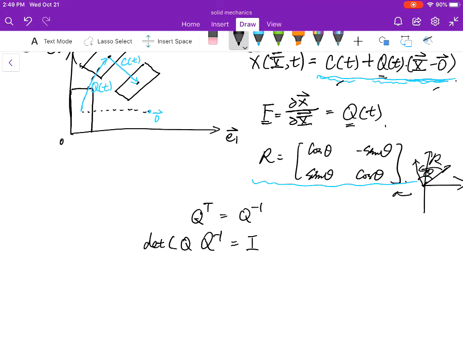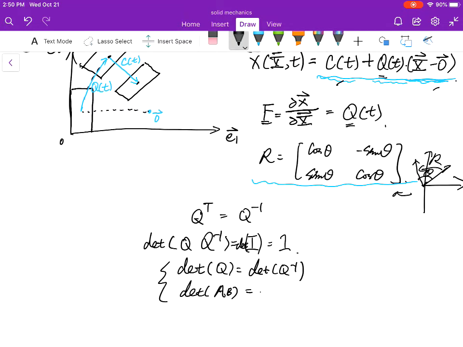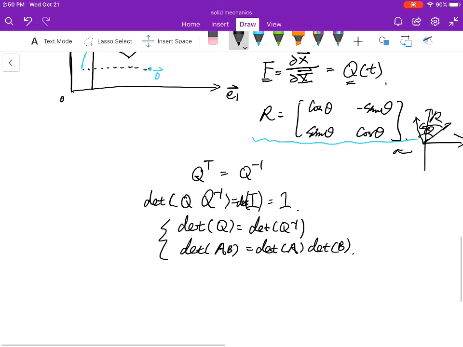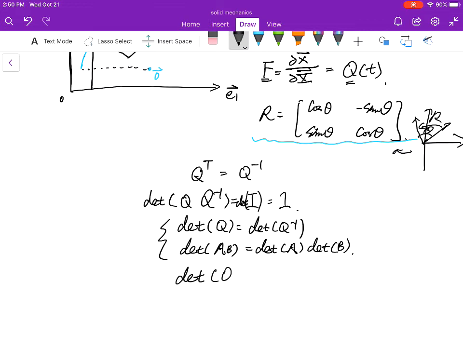So the determinant of it is equal to the determinant of the identity tensor, which equals 1. And also, because the determinant of Q equals the determinant of Q transpose, and the determinant of a product of two matrices equals the product of the determinants, we get the determinant of Q equal to minus or plus 1.